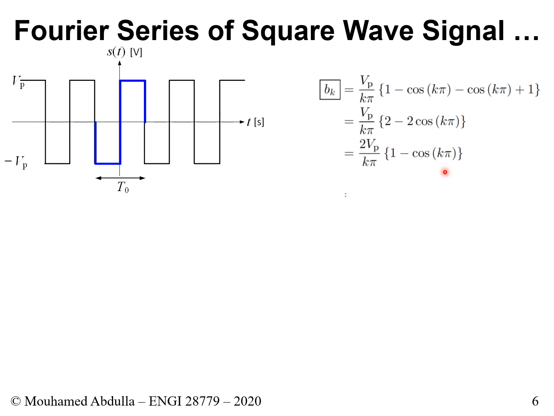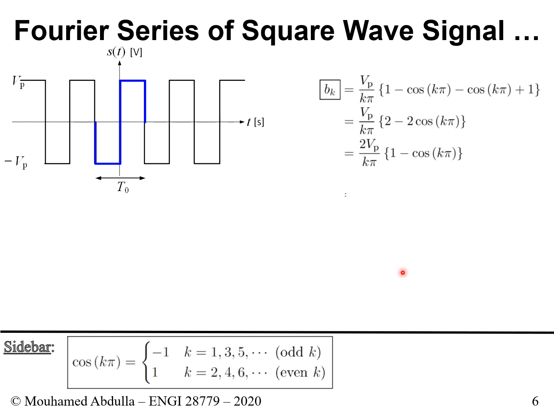If we have certain values for k, we'll get something, and if we have other kinds of values, we'll get something else. So it really depends if it's even or odd. I'm going to open a sidebar here, and I'll give you an explanation more in depth of how we could break this into odds and evens. So if your k is 1, 3, 5, 7, and so on, the answer will always be minus 1, right?